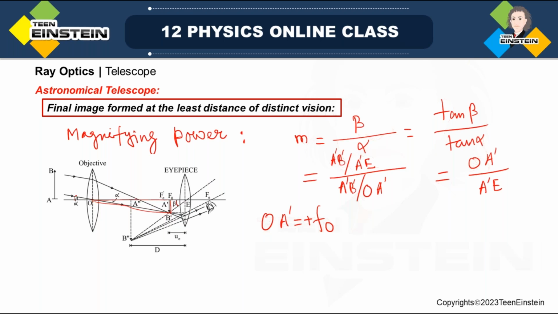The image of the distant object will be formed at the focal plane in this case. So this A prime B prime is formed at the focus itself.